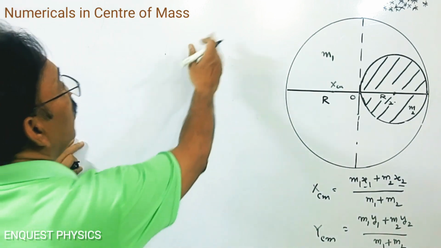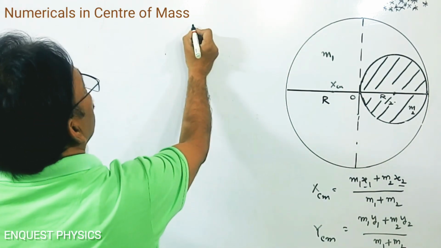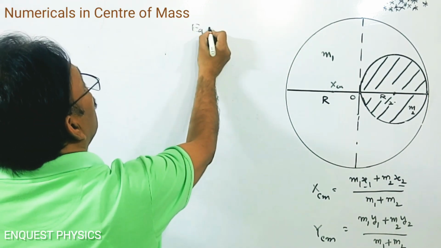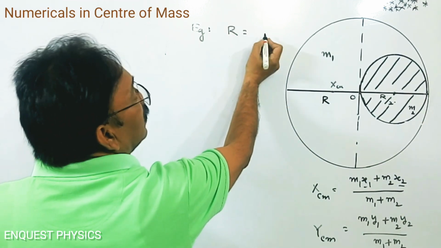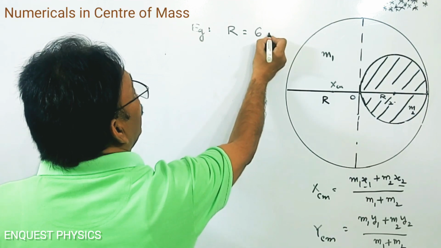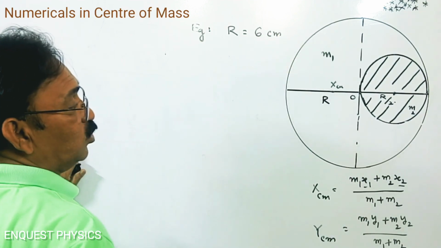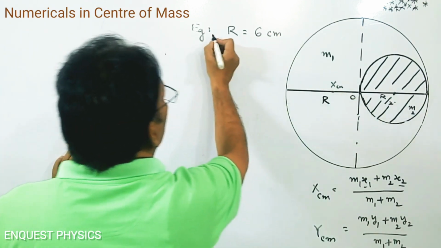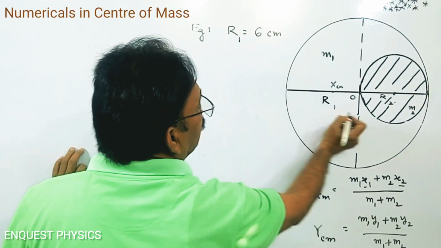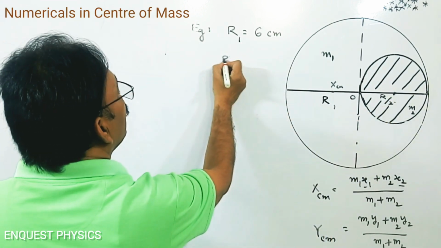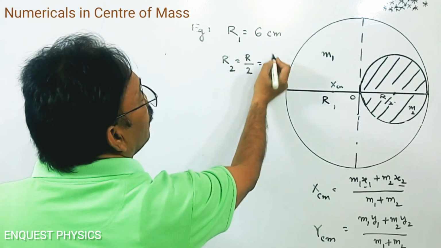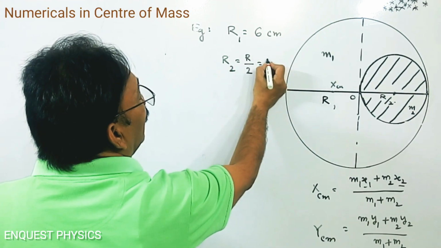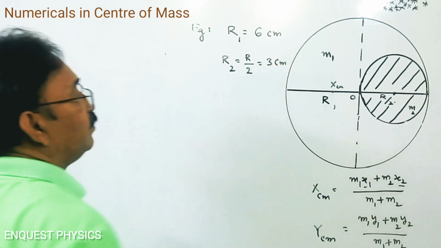In this example, let's take the radius which is equal to 6 centimeter. Okay, students, and the removed part has the radius r2. R2 is equal to, as I told before, 3 centimeter.